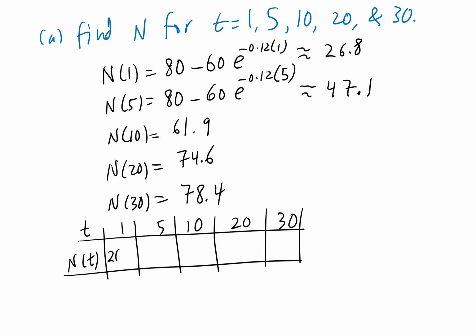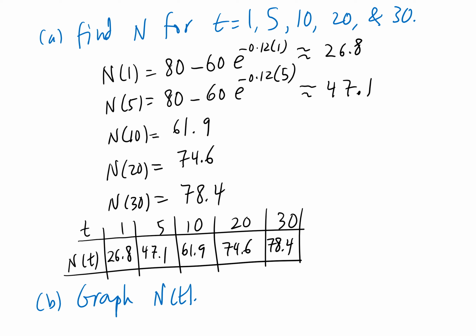So that was 26.8, 47.1, 61.9, 74.6, and 78.4. That's all they ask us to find here. For part B, graph n of t.